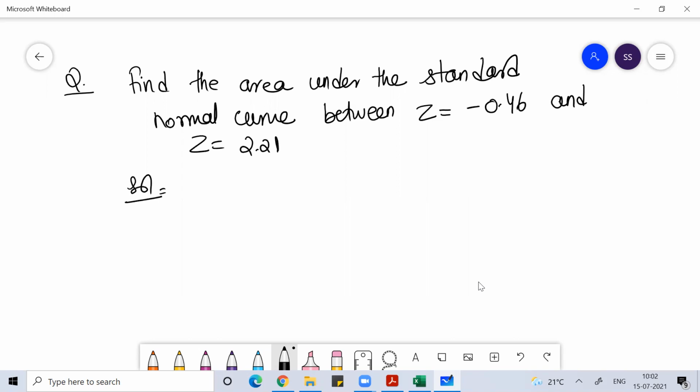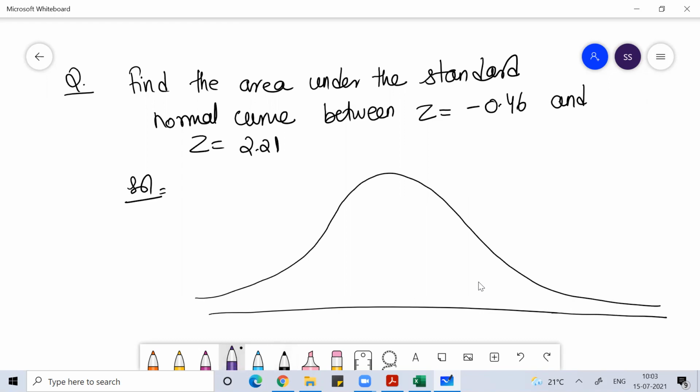So this is z equal to 0, and then you have z value minus 0.46, and then you have z value 2.21. Okay, so I need to find the area.